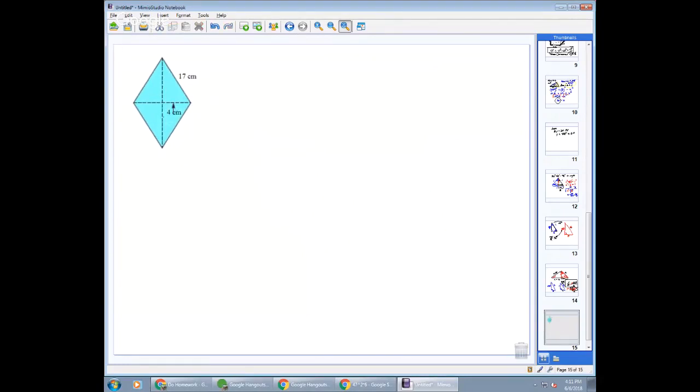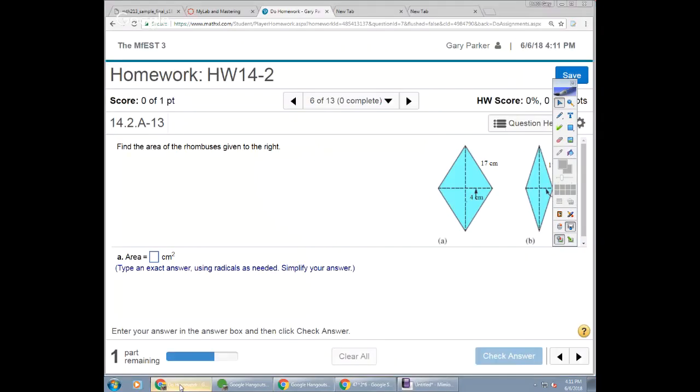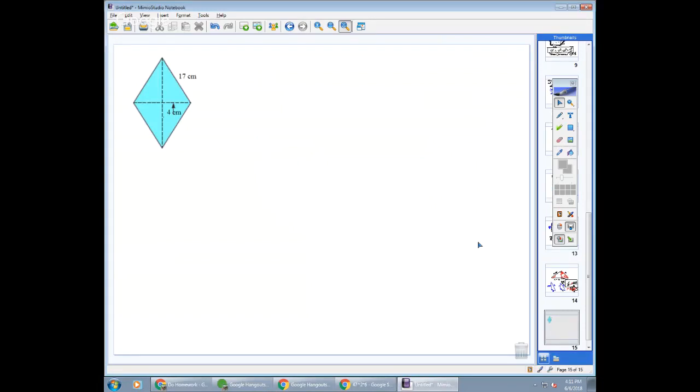And we want area, is that right? Find the area. So I'm assuming that by that 4 right there, they mean just that part right there. You guys agree with that? Okay. So I know that's 4. I know that's 17 right there.